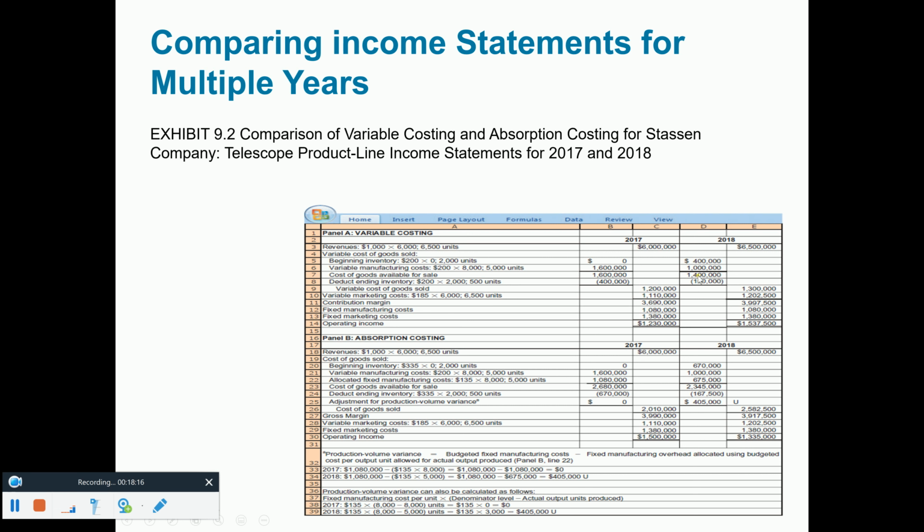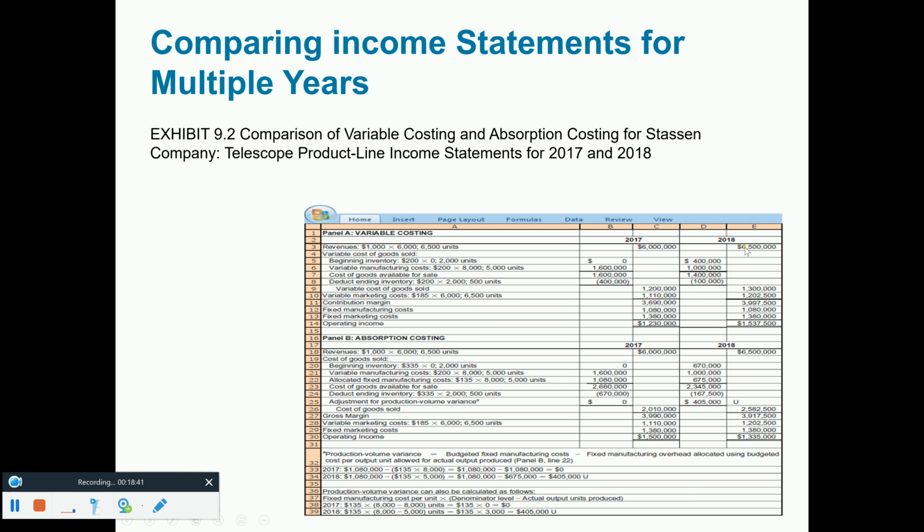So cost of goods available for sale less ending inventory gives you cost of goods sold. And then because we're dealing with variable costing, we're going to add our variable non-manufacturing costs, which are $185 per unit, which is consistent from prior years, times 6,500 units sold. That gives us 1,202,500.